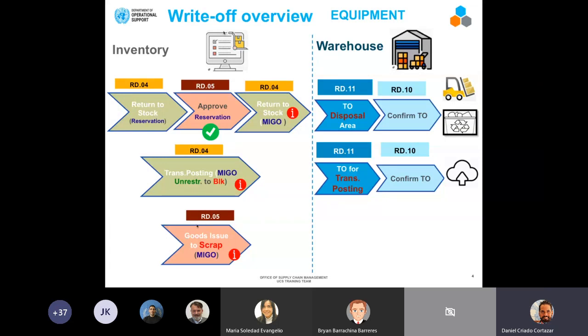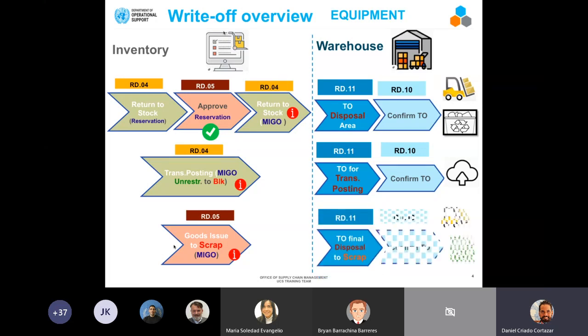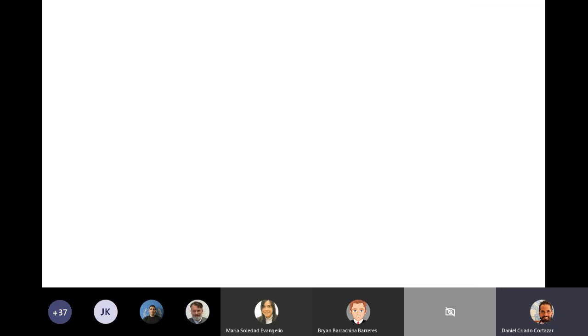So from the inventory point of view, that tablet will go to a scrapping area in the inventory world using MIGO with a movement type, and eventually we will have our final movement of that tablet from the disposal area to a scrap area, and then the warehouse user will confirm the TO, and that tablet will be scrapped, and all the write-off process will be done.